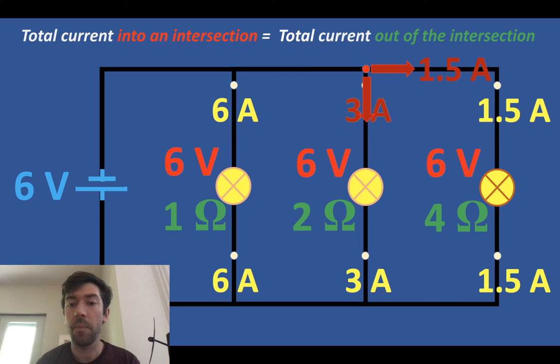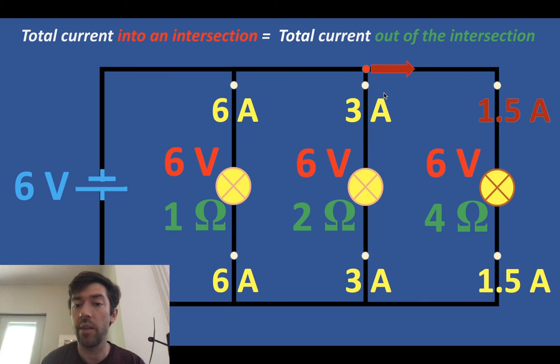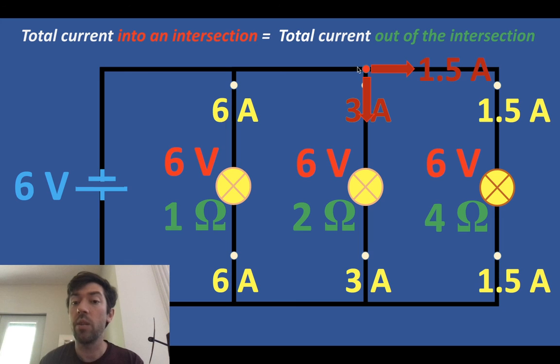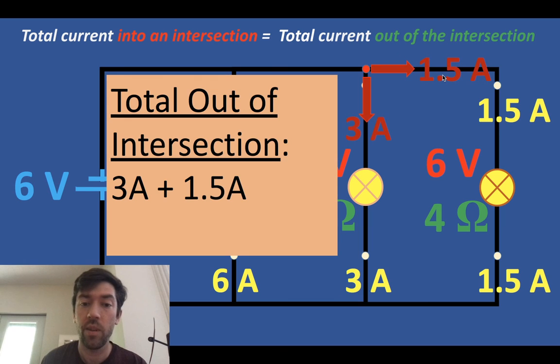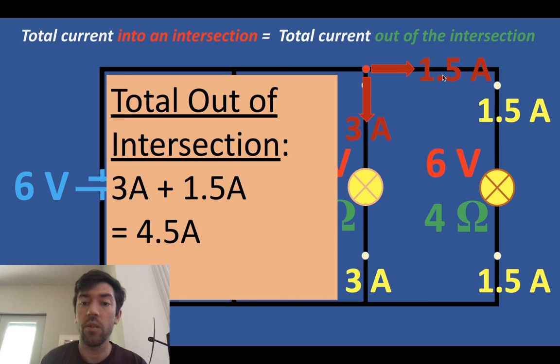So right here, we've already calculated that there are 3 amps on this branch and 1.5 amps on this branch. And each of those branches are coming out of this intersection right here. And so we know the total current going out of the intersection, which is 3 plus 1.5, so 4.5. And so therefore, Kirchhoff's current law says that the current going into the intersection must be equal to the current going out of the intersection.